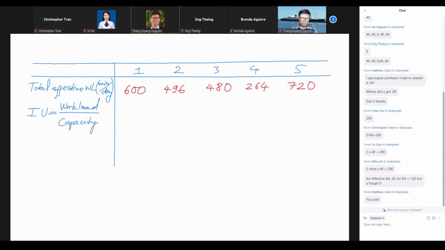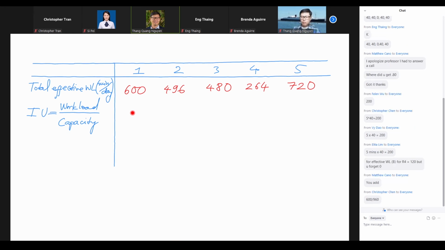I would like you to try it. So to calculate the IU of station number 1, what number divided by what number? Please feel free to say your thought in the chat window. To find the IU, what number do we take divided by what number? I got the first answer from Christopher.